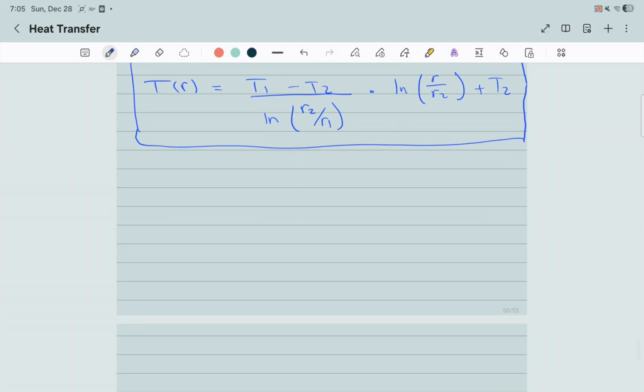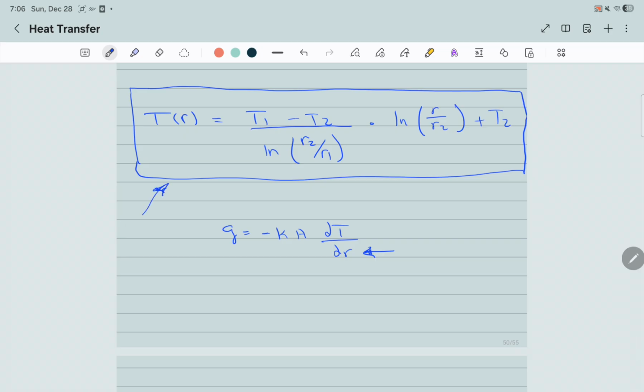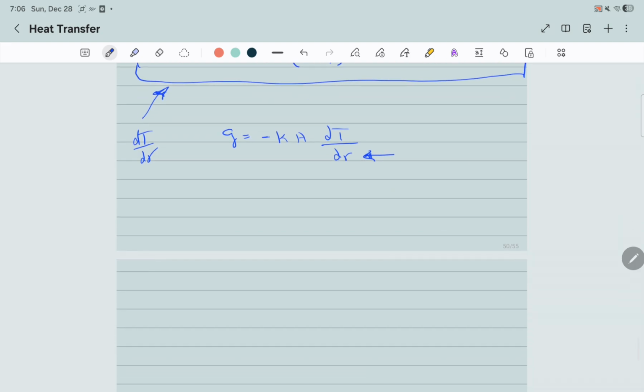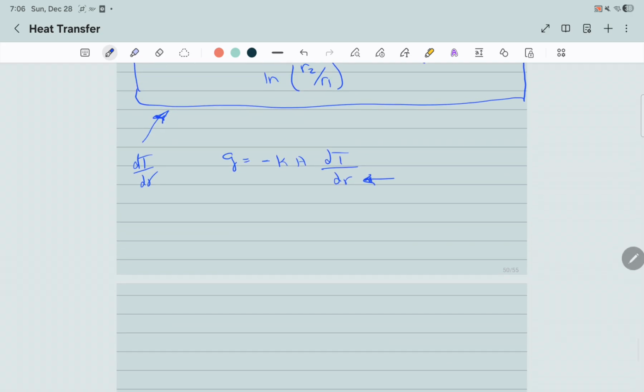Okay, now in order to find the heat transfer, which is being transferred by conduction, and as we reviewed in chapter 1, conduction is negative K A dT over, in this case it's dr, it used to be dx, but because the direction the heat is flowing in this situation is radial, we'll be working with dr. So the next step is to find the derivative of this equation in terms of dr. Let me just write the whole equation.